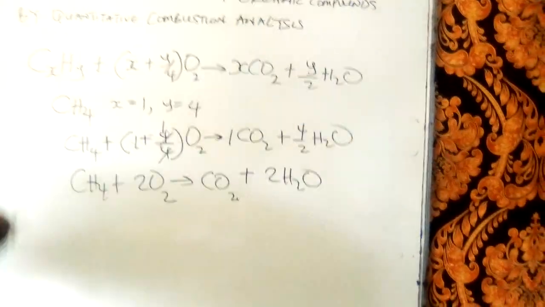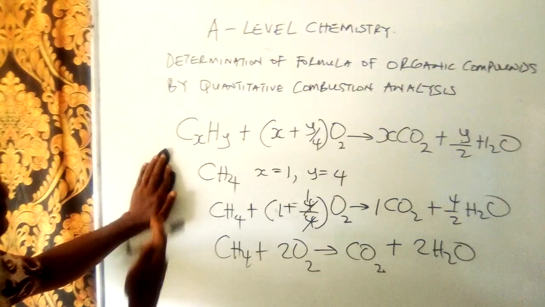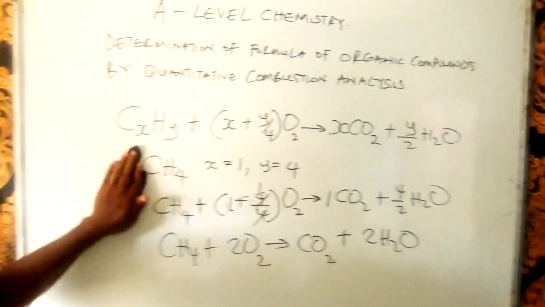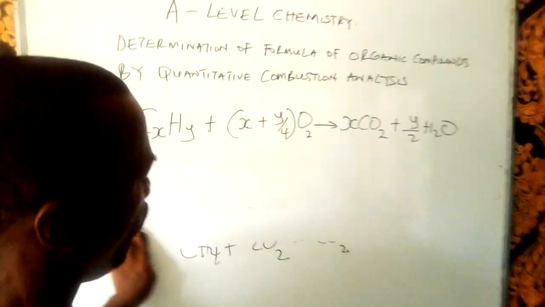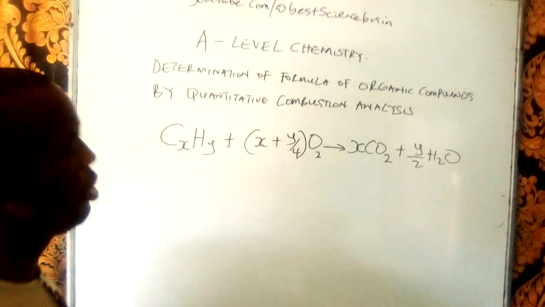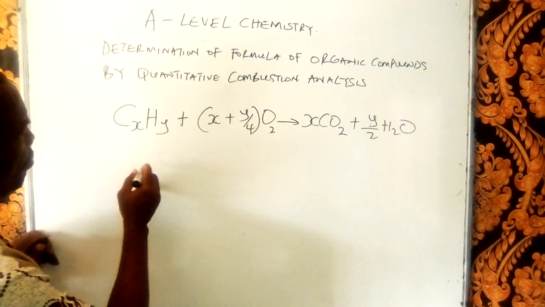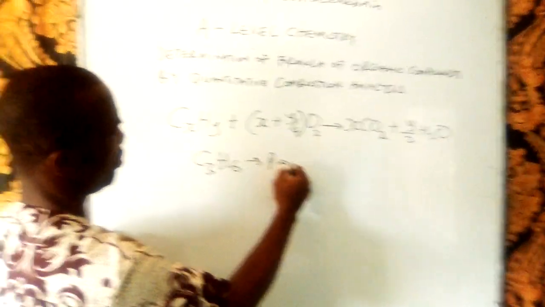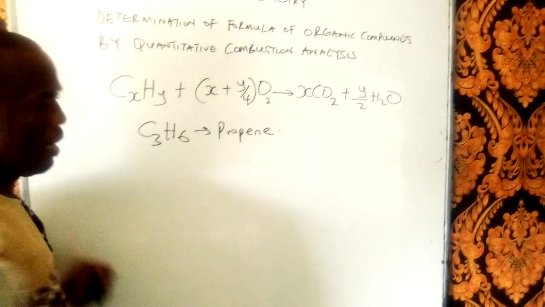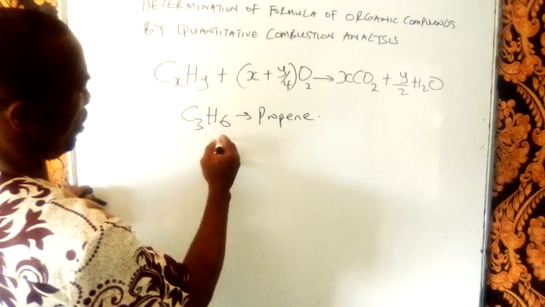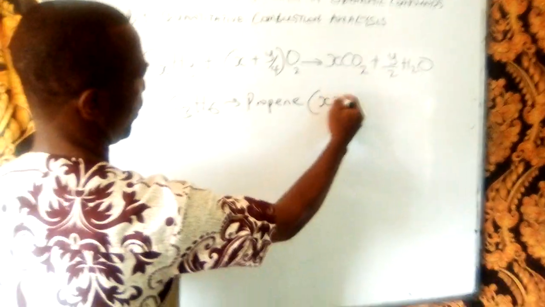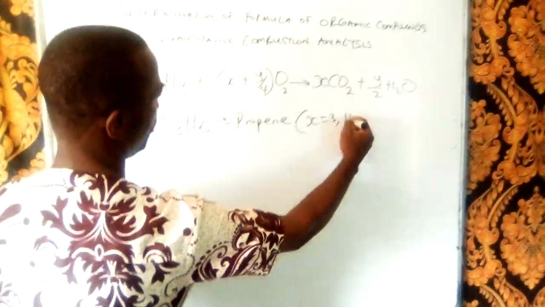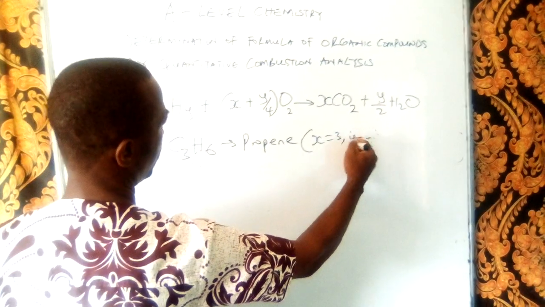If I take another instance, apart from methane, I can use an example from another homologous series. Let me use C3H6. This compound is called propene, an alkene. In this one, x is 3, and y is 6.